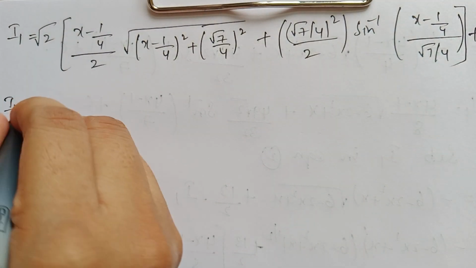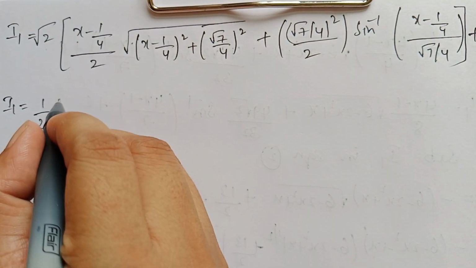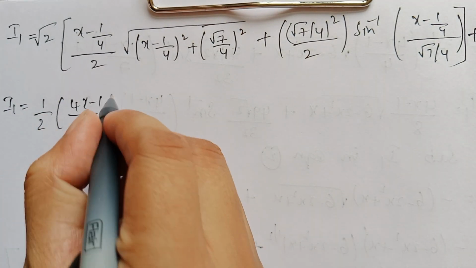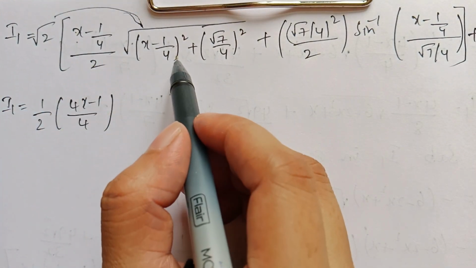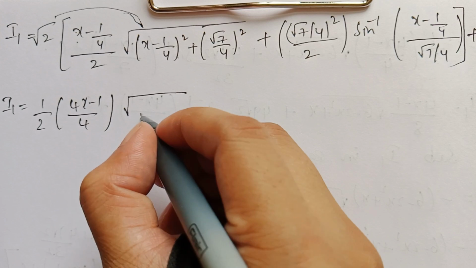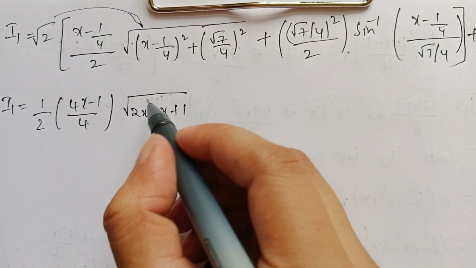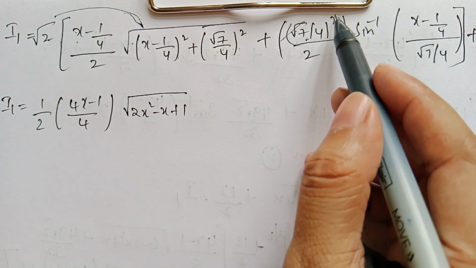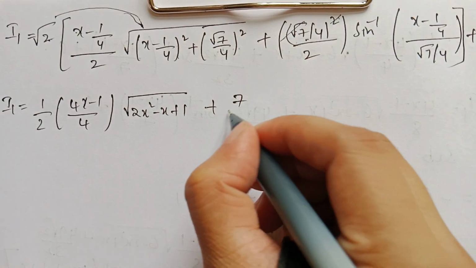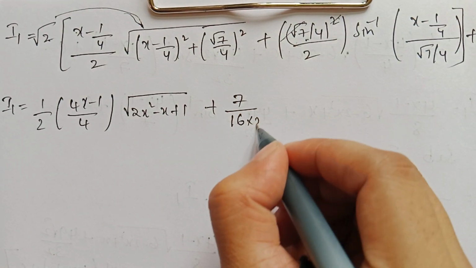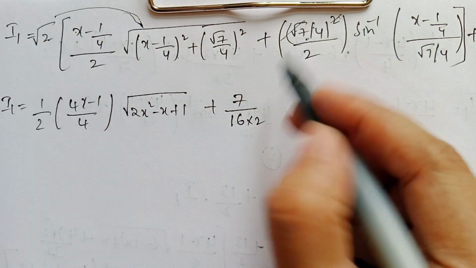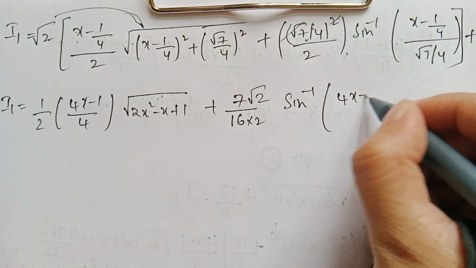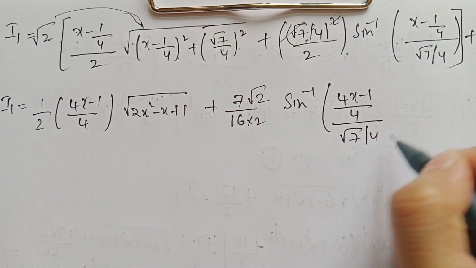So here I1 is equal to 1 by 2 here, and taking the LCM, it is into 4x minus 1 by 4. When we multiply root 2 with this root term, we get the original expression, which is nothing but root of 2x square minus x plus 1. And this root 2 will be multiplied to this term again, and here root for the 7 gets cancelled out, so it is 7 by 4 square, which is 16, into 2 here, and the root 2 is multiplied to this term, so it is 7 root 2 sine inverse, taking the LCM, 4x minus 1 by 4 by root 7 by 4, plus c.